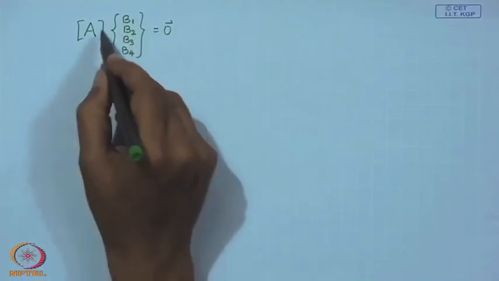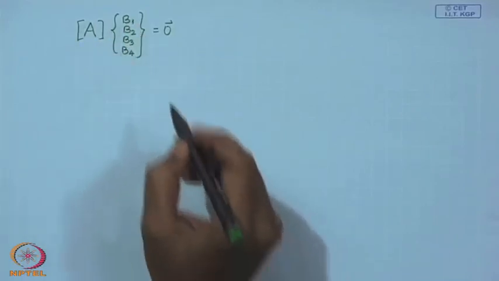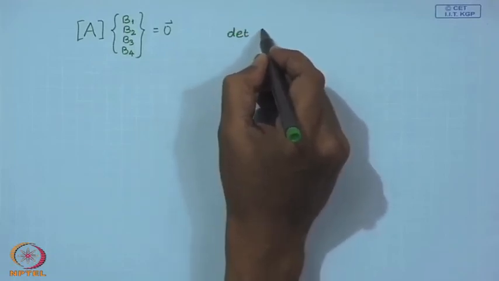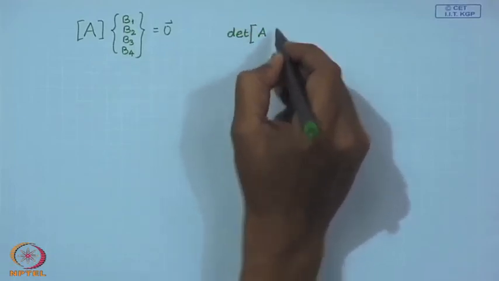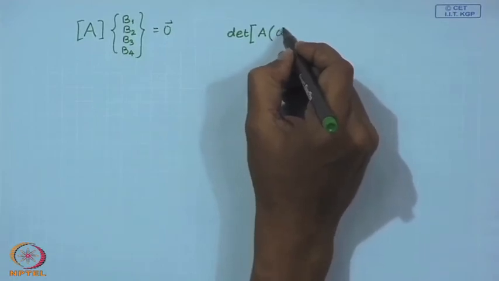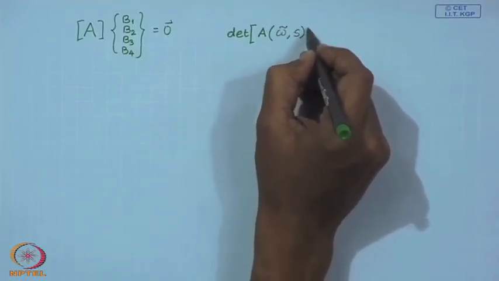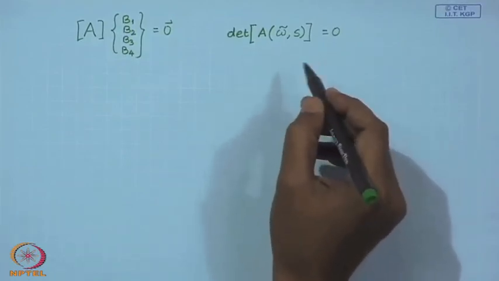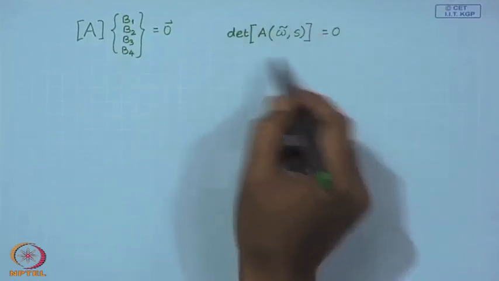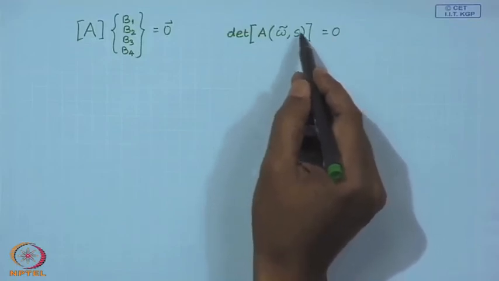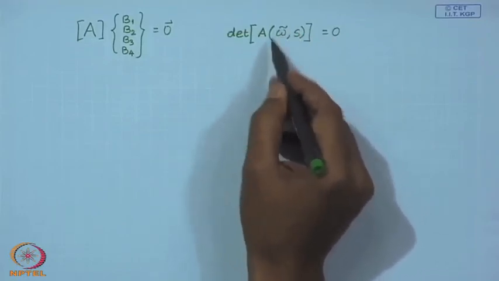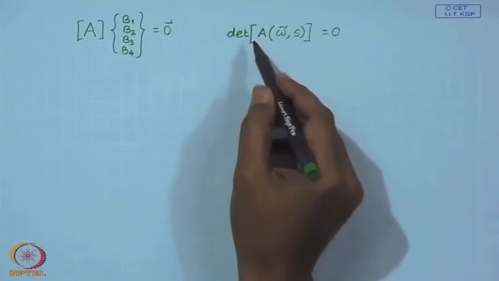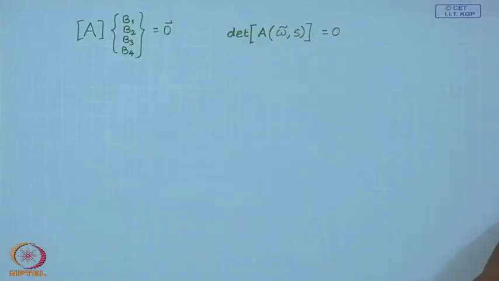So, for non-trivial solutions of these coefficients, the determinant of A must vanish, and remember that A is a function of omega tilde and S, the loading. So, for a given load S, you can solve for the circular natural frequencies of the beam, and this can be solved numerically.